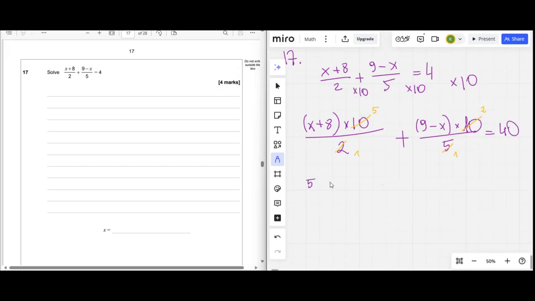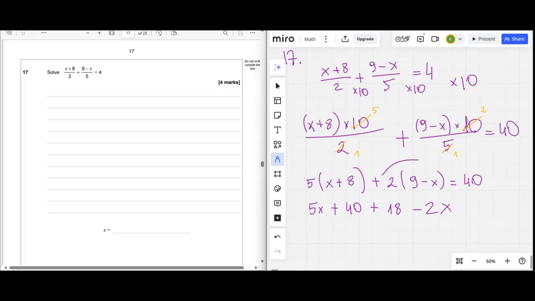From the top, I will move that 5 at the beginning. 5 times (x plus 8) plus 2 times (9 minus x) equals 40. Multiply numbers through the bracket. 5x plus 40 plus 18 minus 2x.